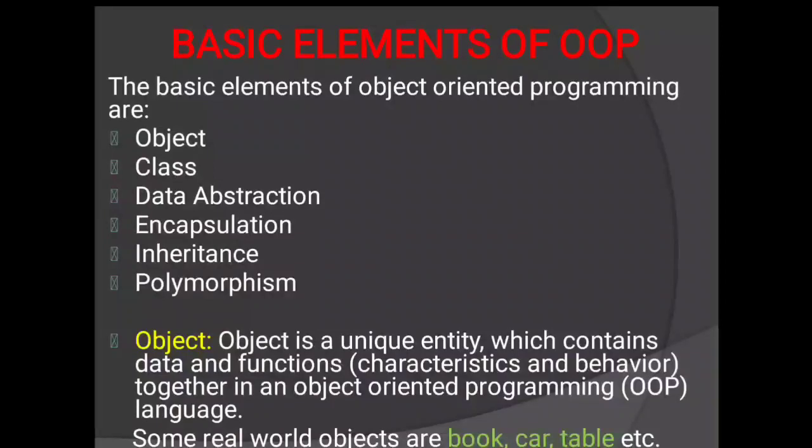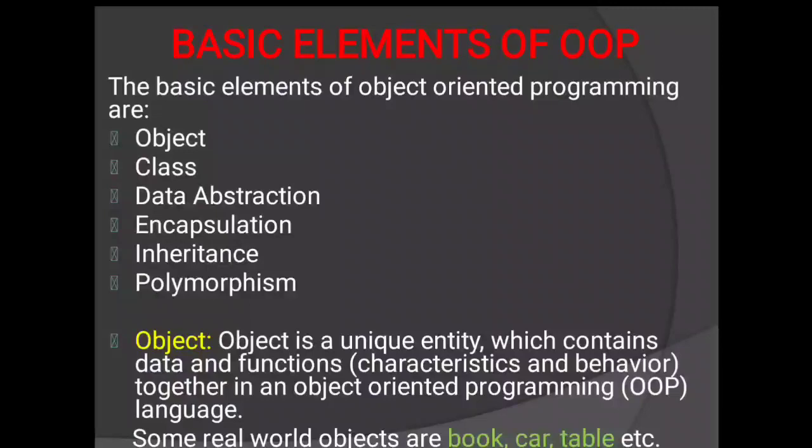When we bind data and function, data means characteristic, function means behavior. When we bind them in a single unit, that is called an object. Some real world objects are book, chair, table, car, etc. Whatever we use in our day-to-day life is called an object.